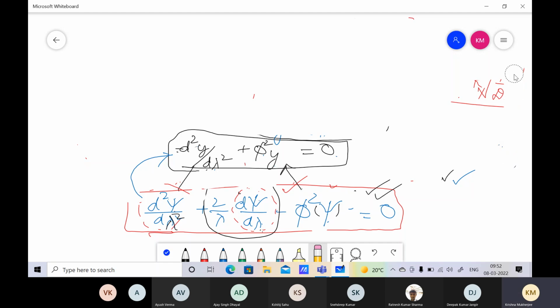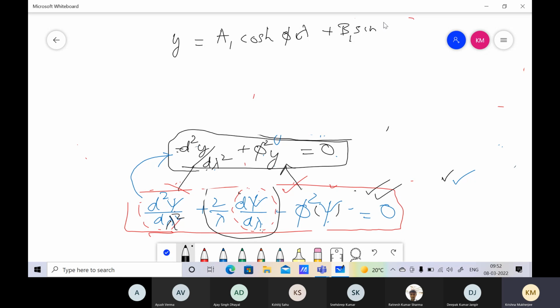Okay, psi is equal to y by lambda. Please remember this. So this solution, I hope you all know, is y is equal to A1 cos hyperbolic phi lambda plus B1, some constant, sine hyperbolic phi lambda.